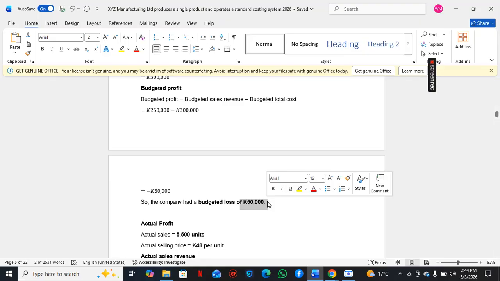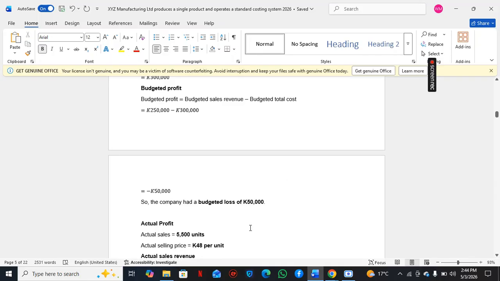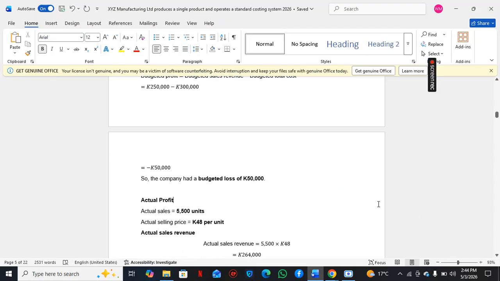Then, because we're comparing the budgeted versus the actual, let's find out if we made an actual profit or an actual loss. Because if we've made any profit, then we've done better, since according to our standard cost card, we're supposed to be making a loss.